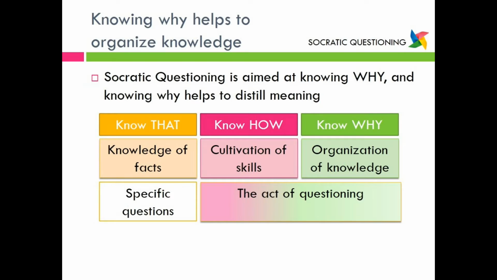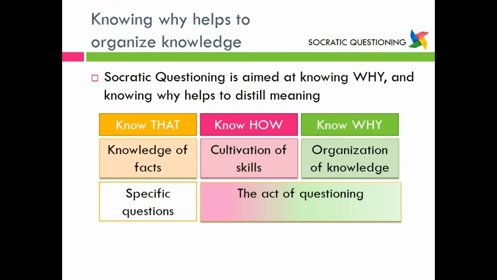So, taking a step back yet again, it's worthwhile to realize that there are actually three divisions to knowledge. We have know that, typically signaled by sentences like, I know that 2 + 2 = 4. I know that Singapore is a country. Know that is knowledge of facts.